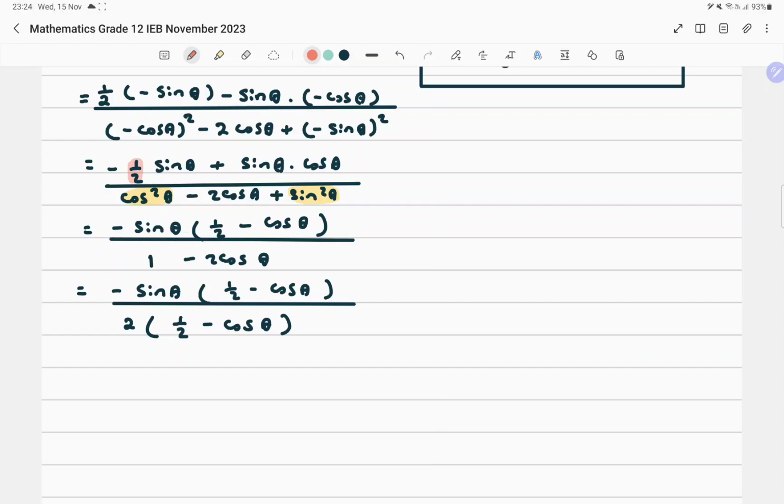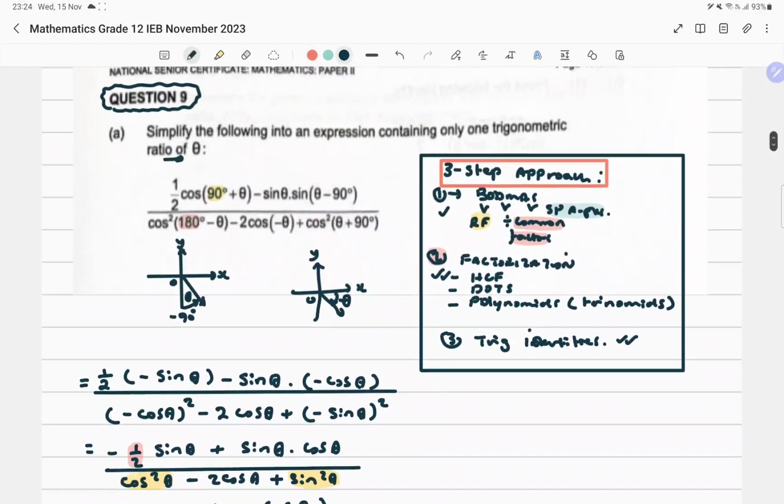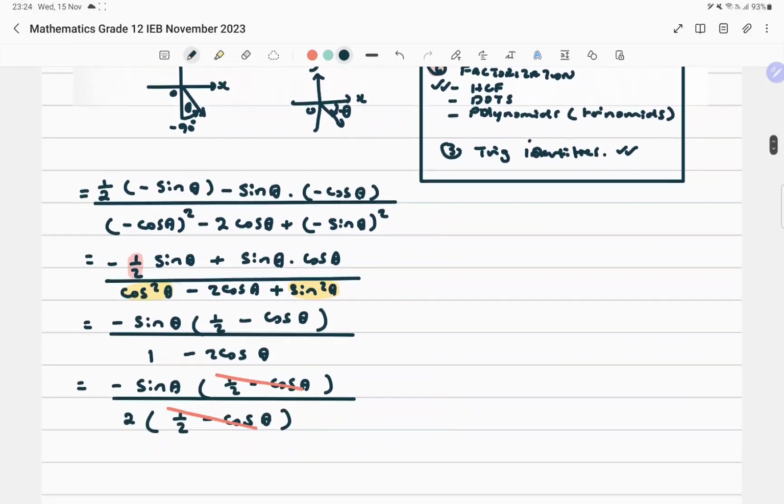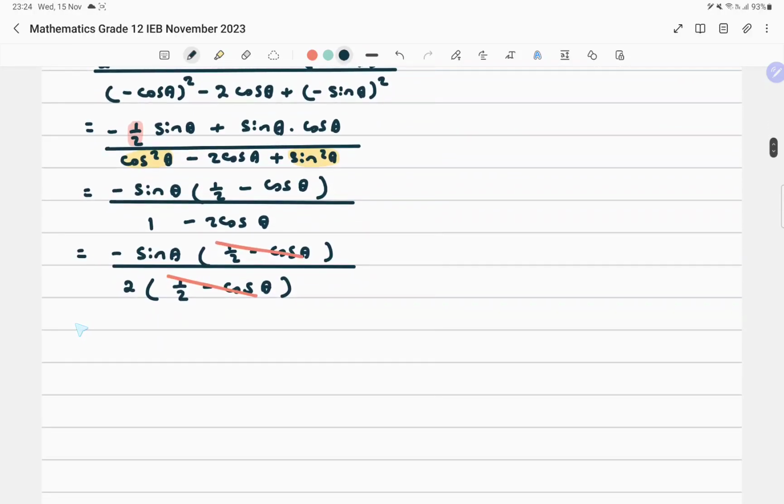Now look at what is happening. This bracket takes care of that bracket, because now we're back to BODMAS, dividing common factors. This leaves us a story of minus a half of sine theta.